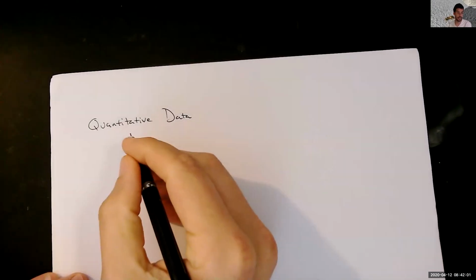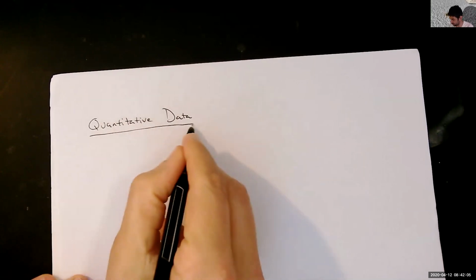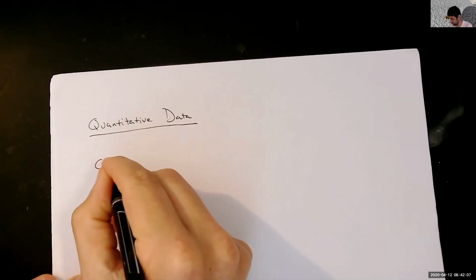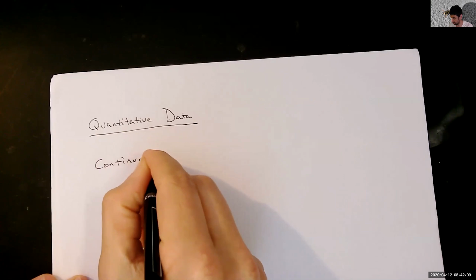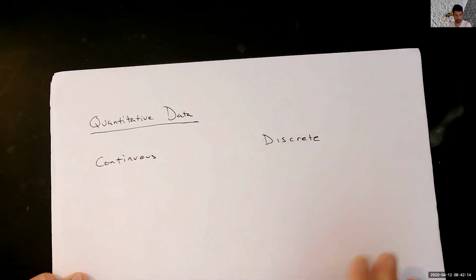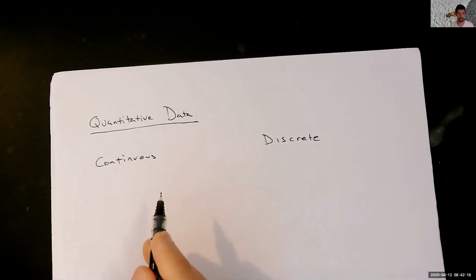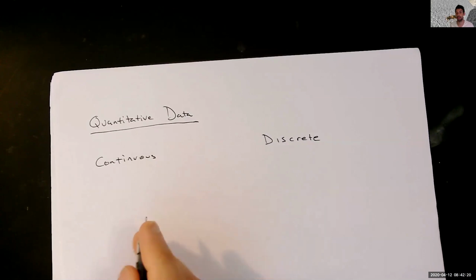Okay, and we can divide it into two different kinds of quantitative data: continuous and discrete. Okay, so let's give some definitions and then some examples.